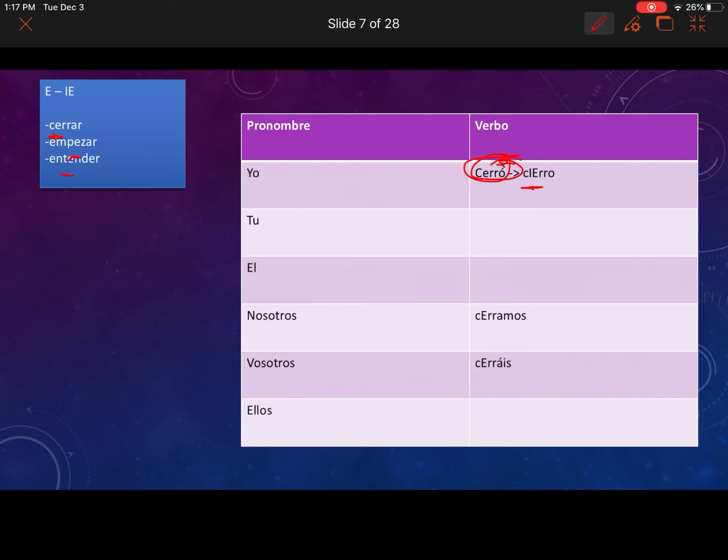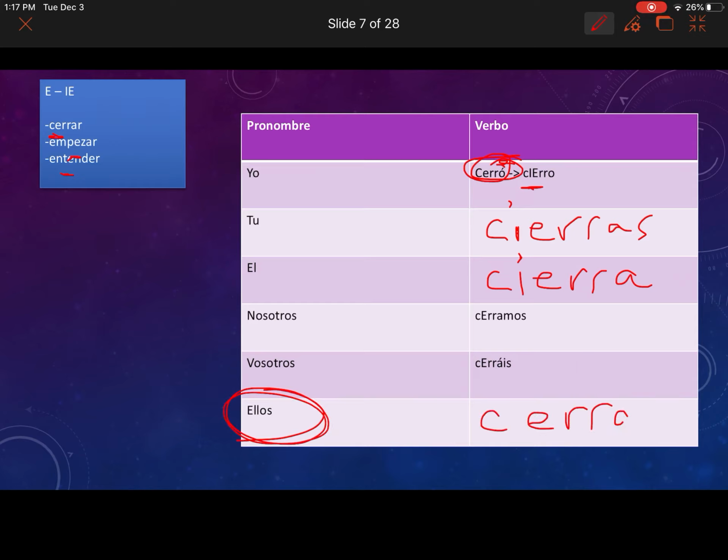For example, tú would not be cerras, because it has a stem change, so it would be cierras. Or él, not cerra, but cierra. And the same thing would be done for the third person plural, ellos. It wouldn't be cerran, it would be cierran.